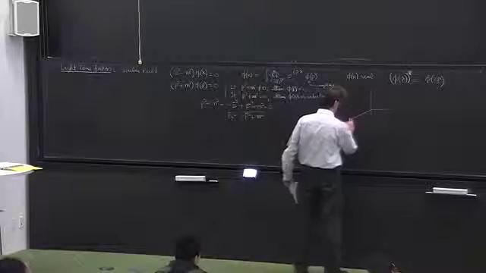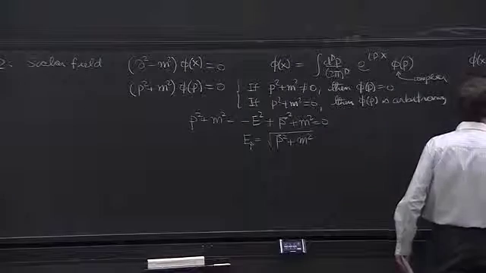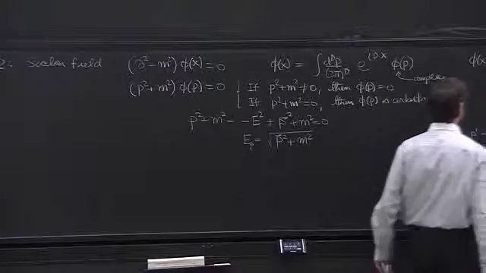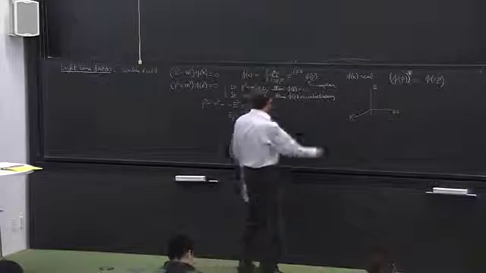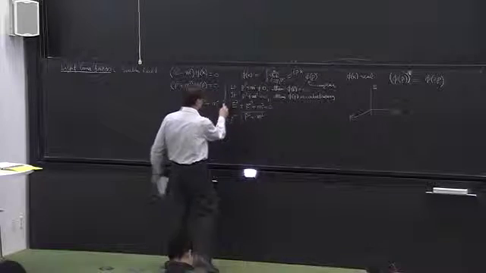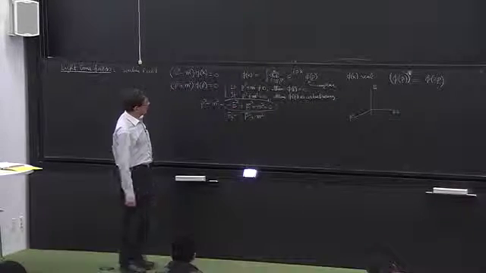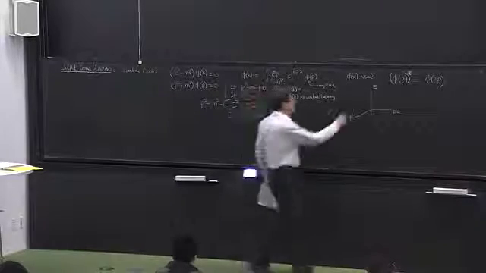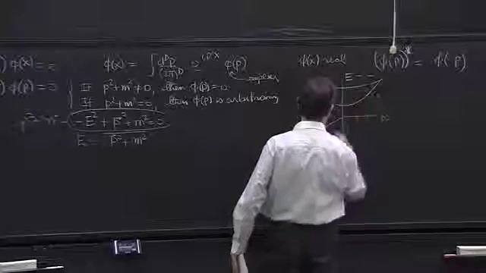So we can imagine momentum space. Here is p1, here is p2, here is the energy. And this surface, −E² + p² + m² = 0, is a hyperboloid with two sheets.